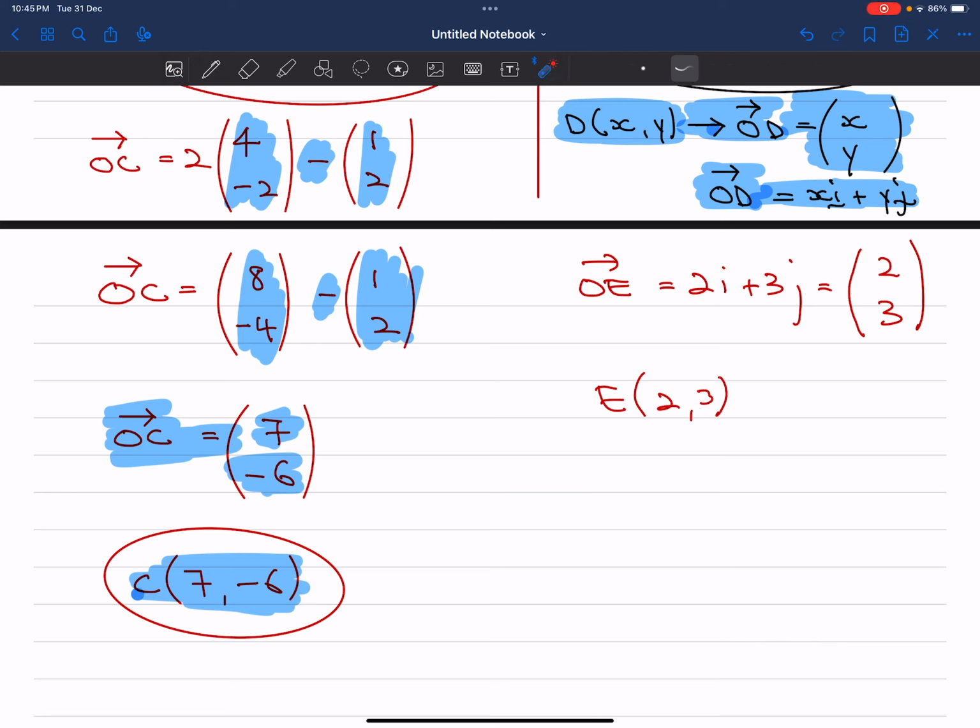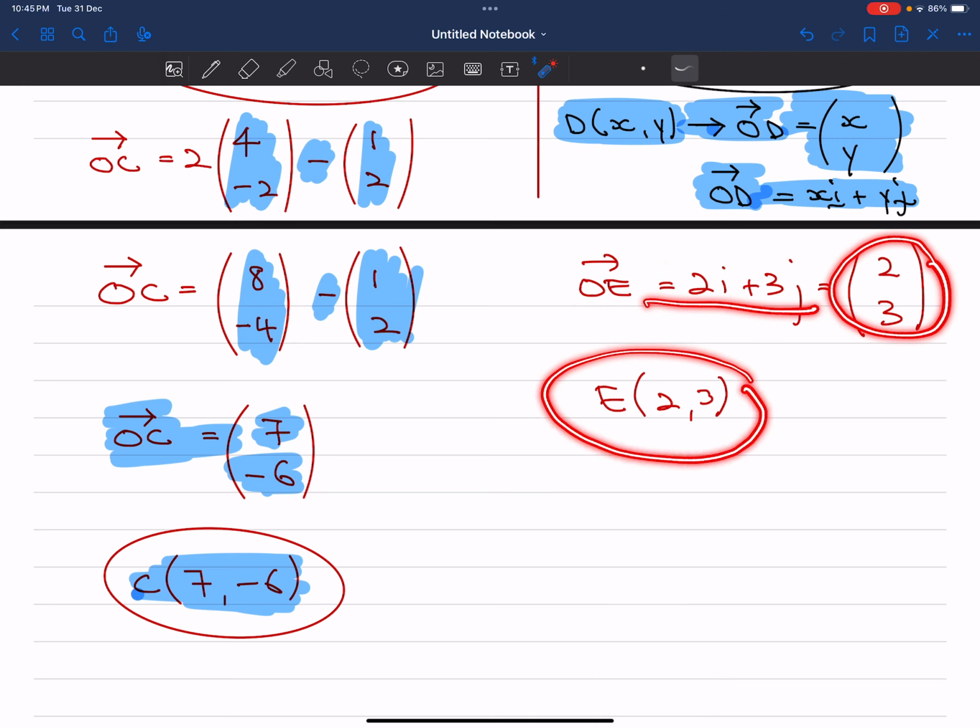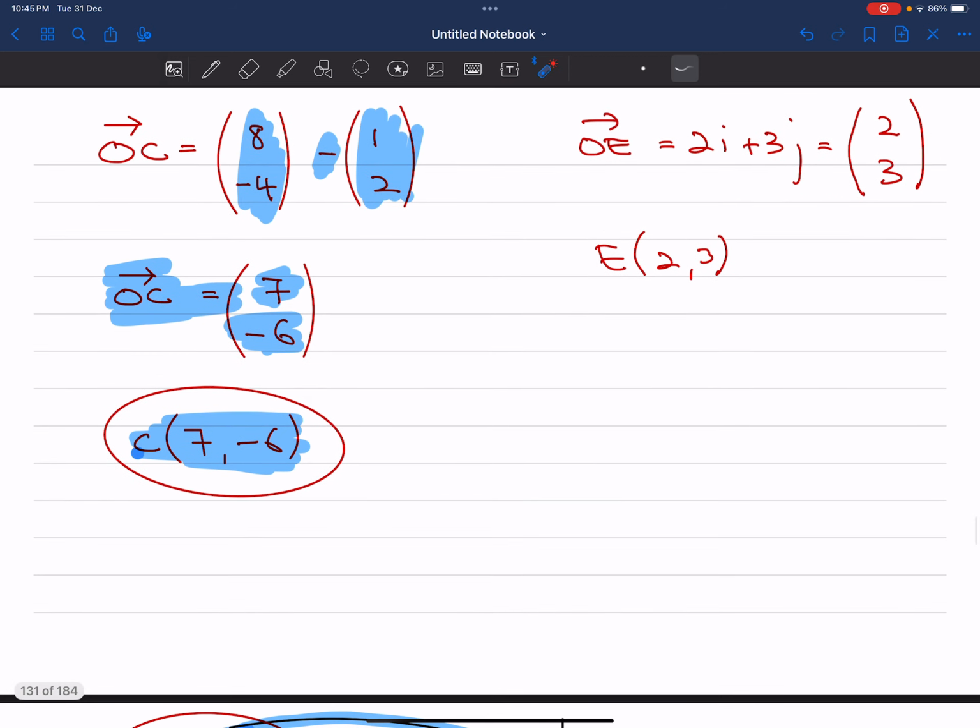So from a position vector, either in i and j or column form, I can get the coordinate. And I can do the reverse. If I have a point D, (7, 2), now the position vector OD would be 7i plus 2j, or in column form, (7, 2).